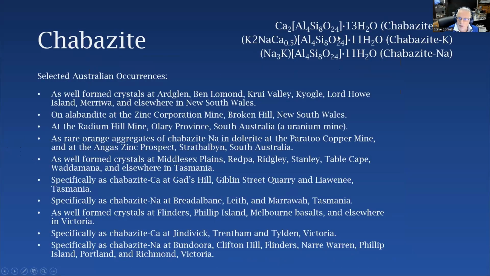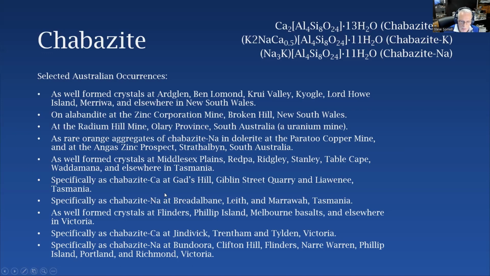Chabazite: we've got 3 different chabazite species found in Australia, but the vast majority of chabazites are unanalyzed, which means you can't necessarily determine which one it's likely to be from any particular locality unless there's been some analysis published. Some there has.